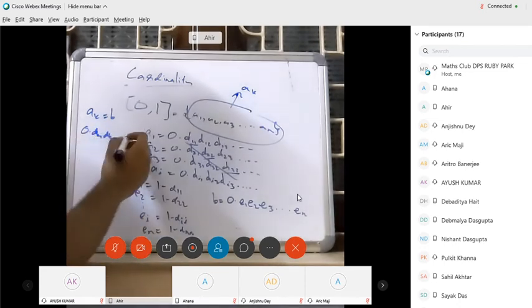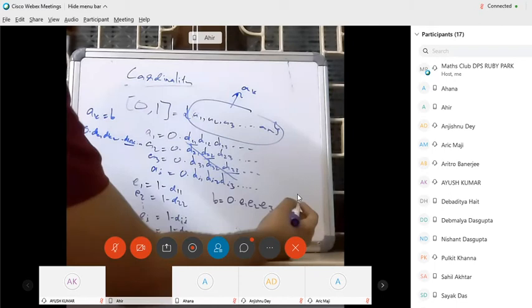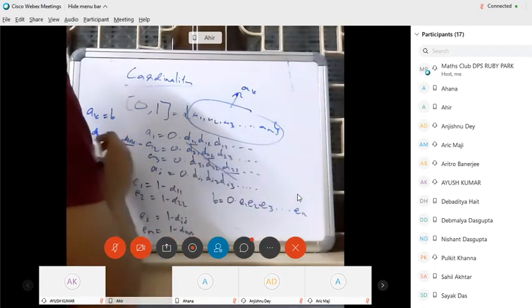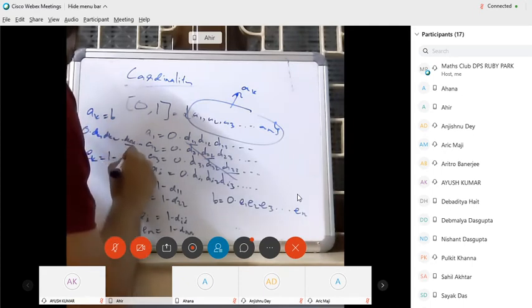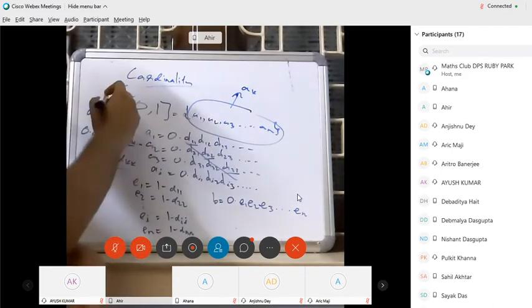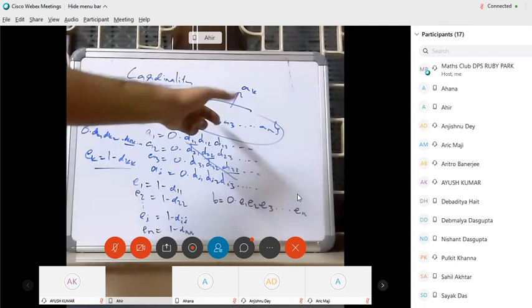But the kth place of B is EK, and EK is equal to 1 minus DKK. So AK cannot be equal to B and hence B will not be equal to any number in this set. So it's a new number.